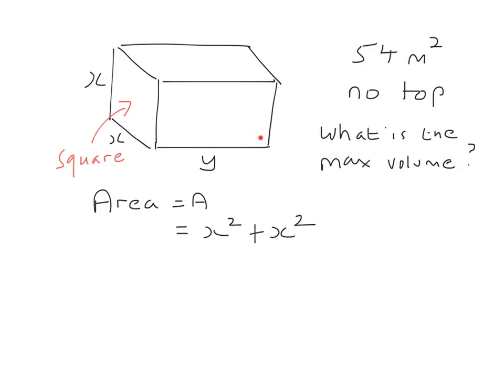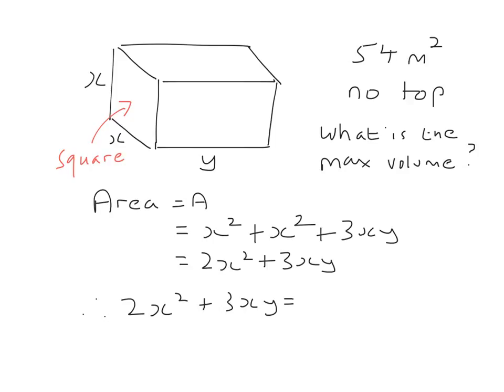That's x times y. There's an x times y at the bottom. There's also an x times y underneath. So that's 3xy. So 2x squared plus 3xy. Therefore 2x squared plus 3xy equals 54.